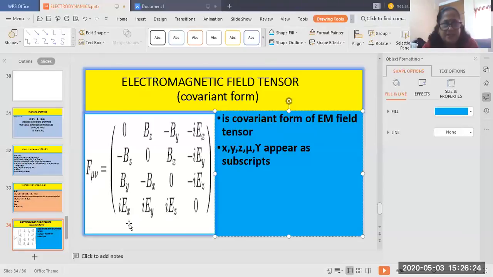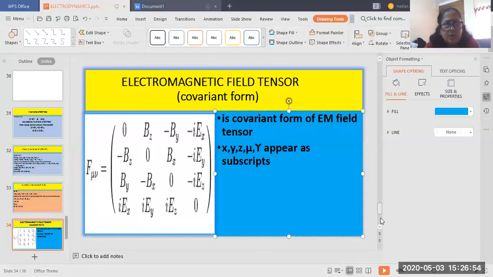If the representation is like this, then the tensor is called covariant form. It may be an electromagnetic field tensor or any tensor. If the variables are written as subscripts at the bottom right corner, then the tensor is called covariant form, or we say the tensor exists in the covariant form.